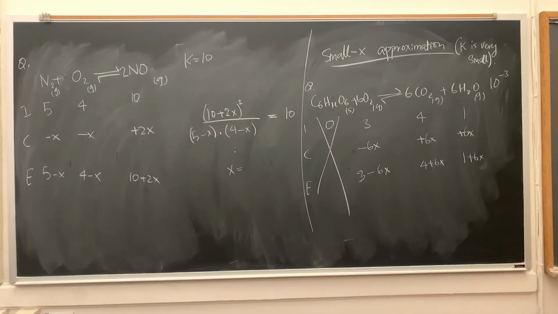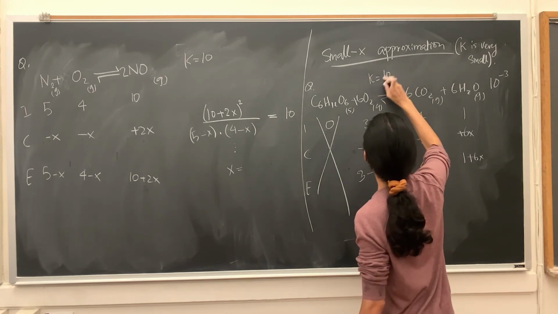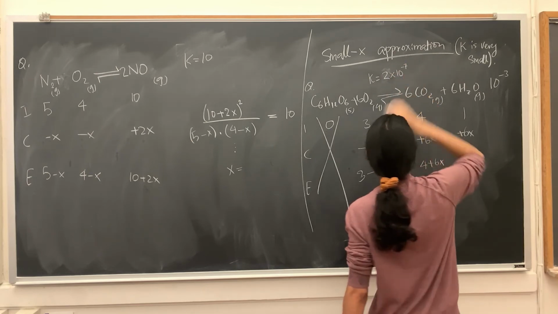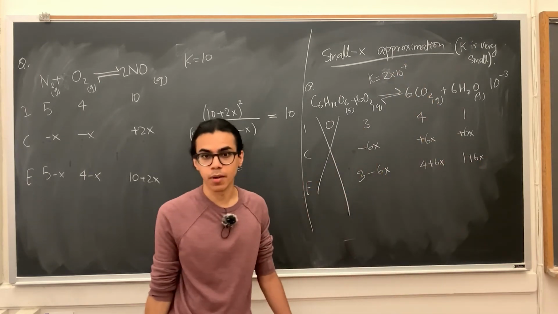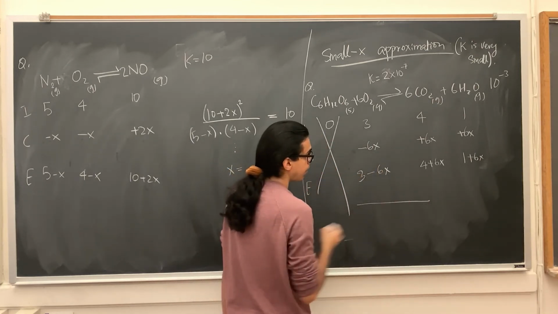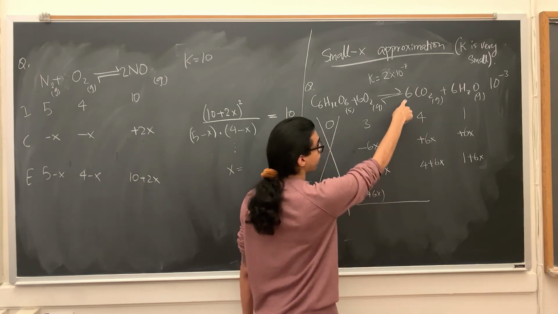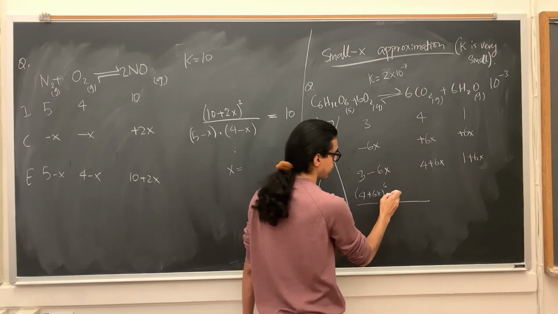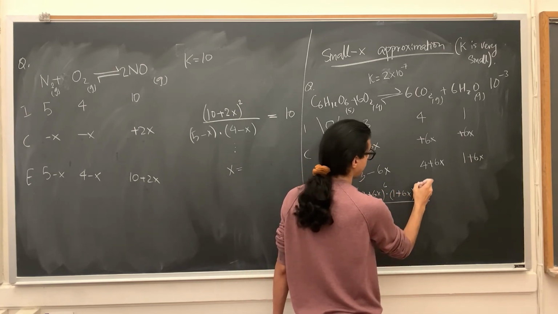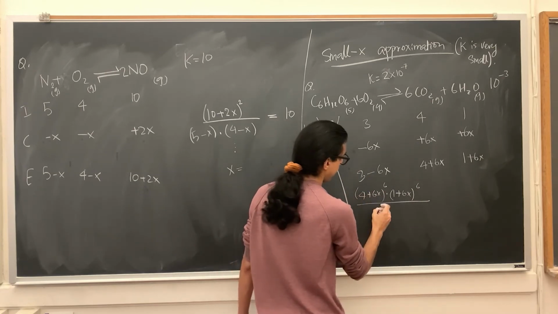Awesome. And I tell you that the k value, this is part of the question, is 2 times 10 to the negative 7. Small? Pretty small. Okay, let's set this up. Products on top: 4 plus 6x, that's a product, to the power of 6. 1 plus 6x, that's also a product, to the power of 6, divided by 3 minus 6x.